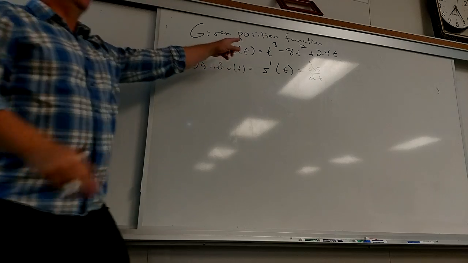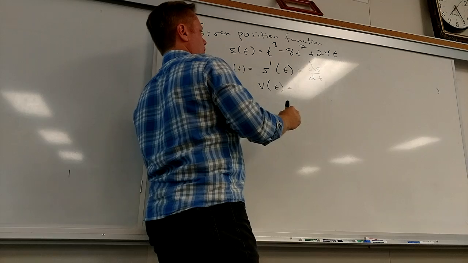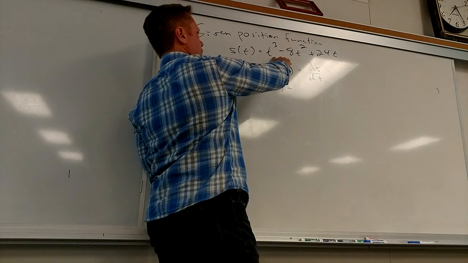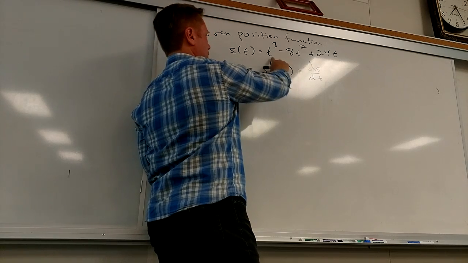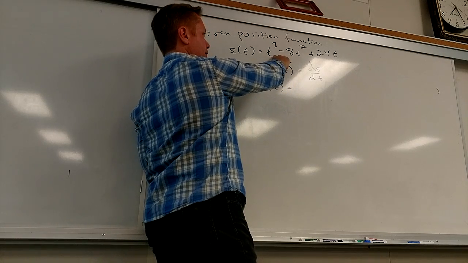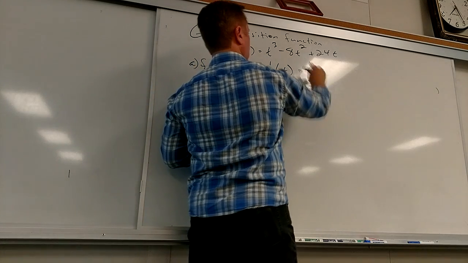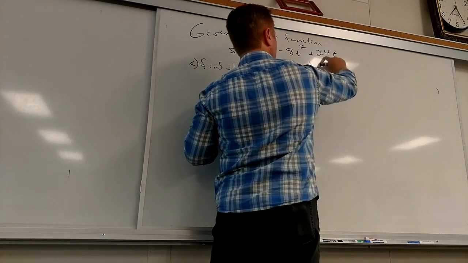So what would that be? What's the derivative? 3t squared, 16t, 24.